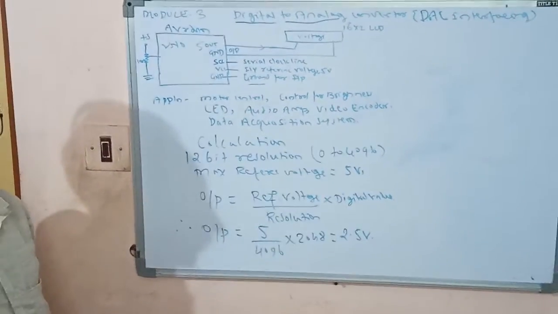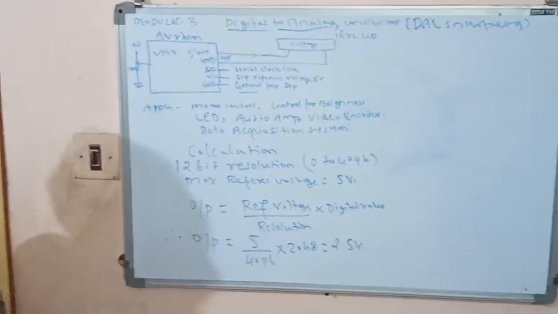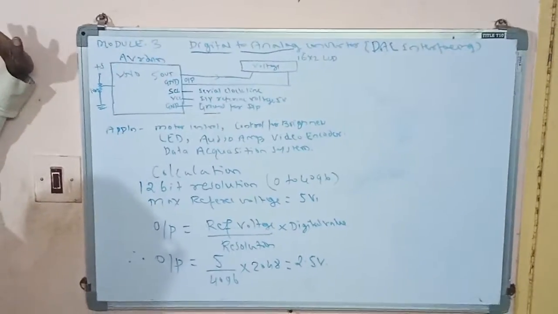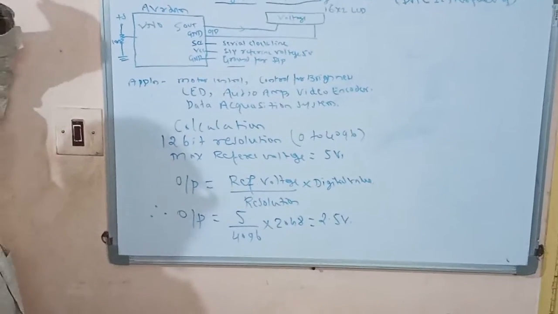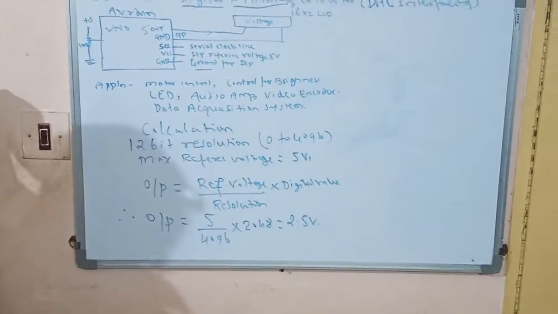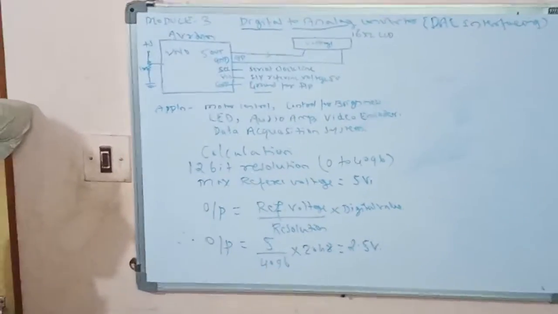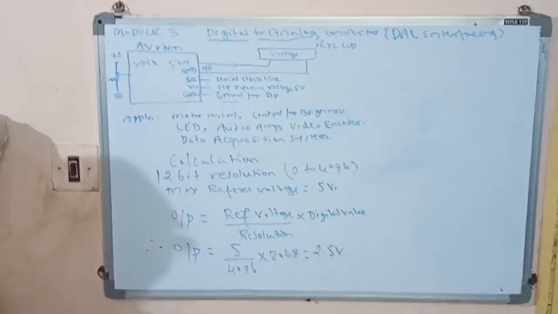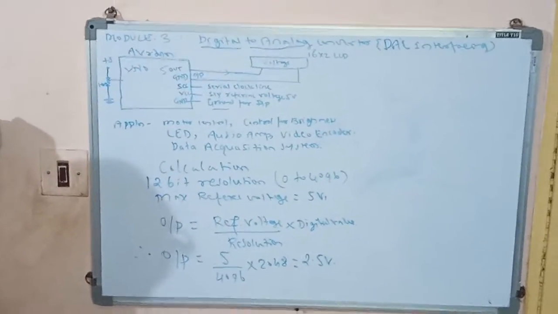So many display devices are there in real time. We can control this brightness by using this digital to analog converter. Another one is LED control as well as audio amplifier. Audio means you can hear the sound. This also you can control with the help of this equipment.